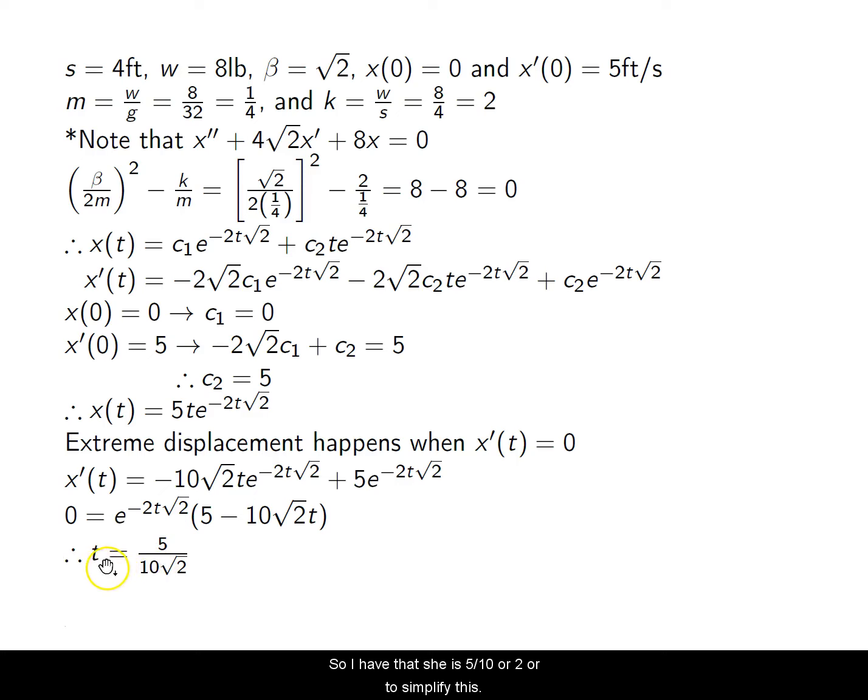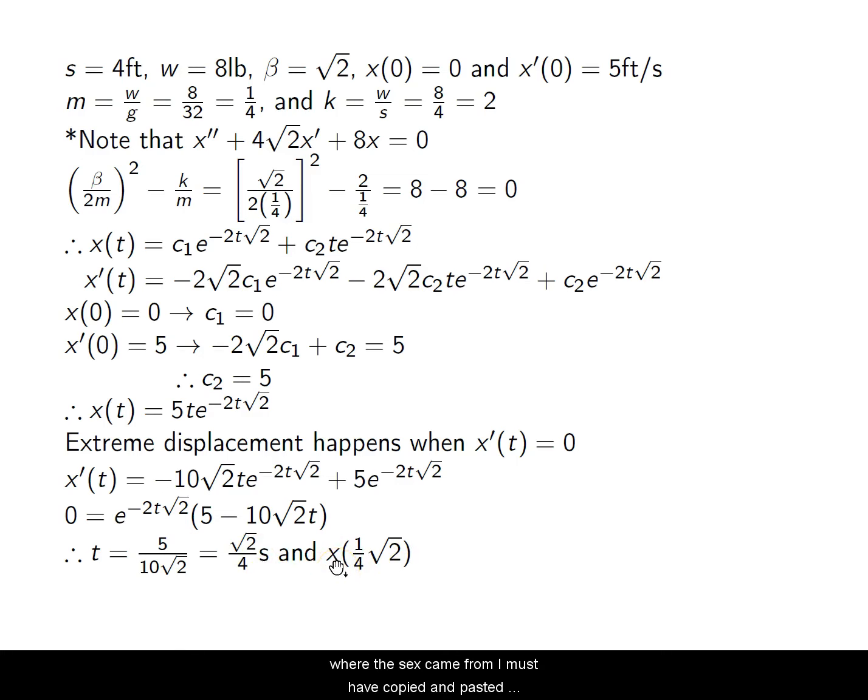So I have that t is 5 over 10 root 2, or to simplify this, root 2 over 4, rationalizing the denominator and simplifying this term, which I can call 1/4 root 2. I don't know where this x came from.